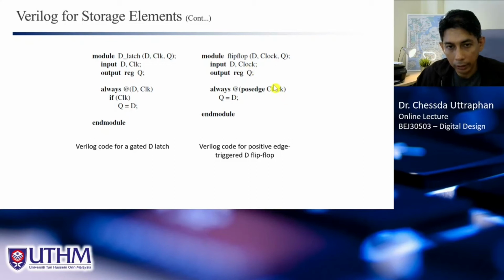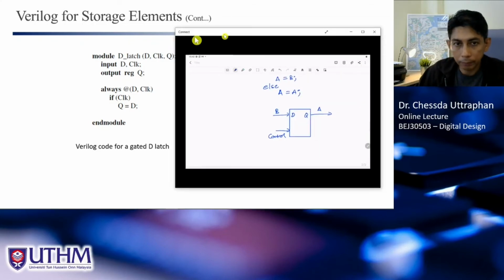This is the keyword. When you have this, the Verilog compiler will create the flip-flop for you. If you write like this, there is no need to have if clock, just Q equals D, and then you will have the flip-flop.